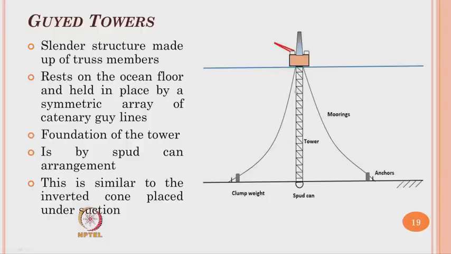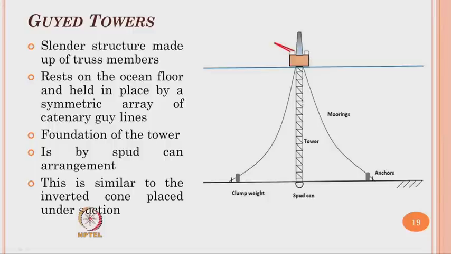Please understand that these cables are not in taut mode, they are flexible cables, therefore, axial compression cannot be developed in these cables. So, these cables will be subjected only to pure axial tension, but of course, variation in tensile forces can result in fatigue failure of these kinds of cables.